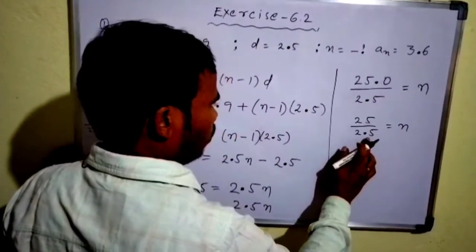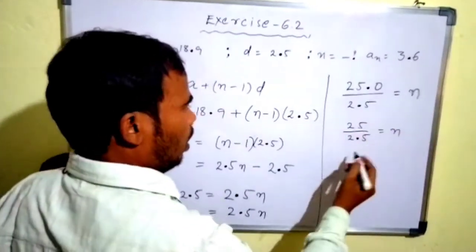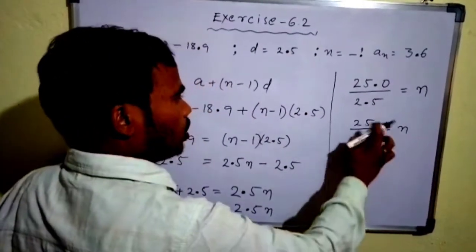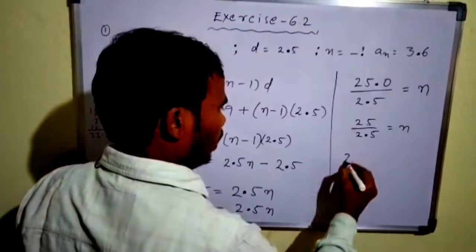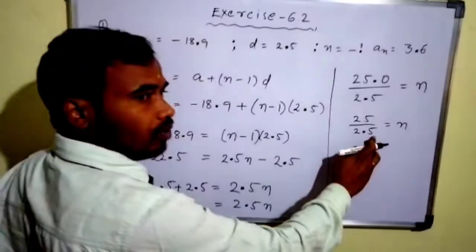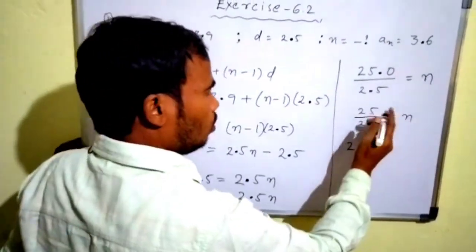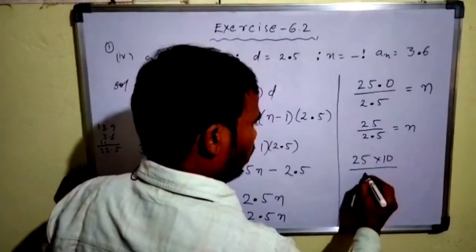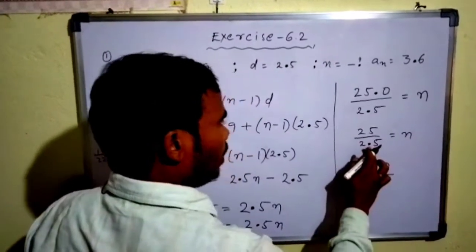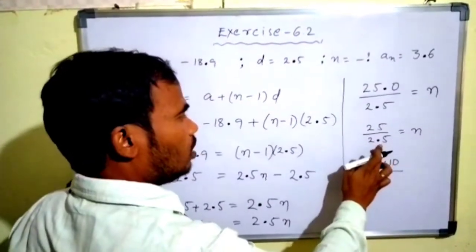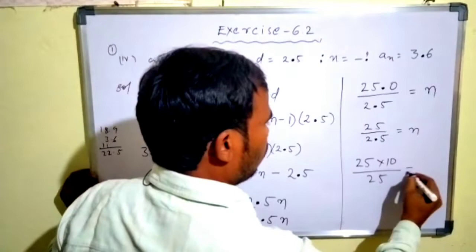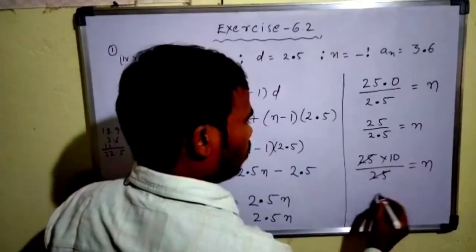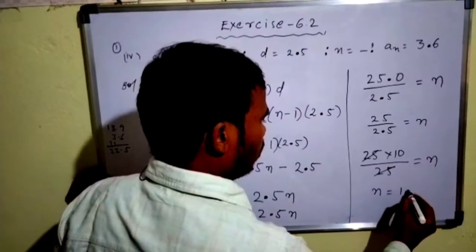Now 2.5 is a decimal value, so multiply numerator and denominator with 10, because there is only one digit after the decimal. So 25 into 10 is 250, and 2.5 times 10 is 25. So 250 by 25. So n is equal to 10.